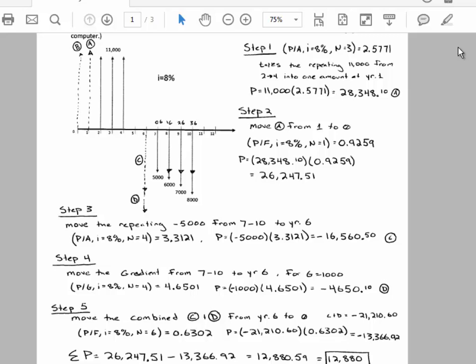So n equals 4, 8% interest, and we want to find the present given an annual series, so P/A. So I found the value of that annual component in year 4, and then moved it from, once I combined it with the gradient value, to year 0. So any questions about the solution? Yeah.